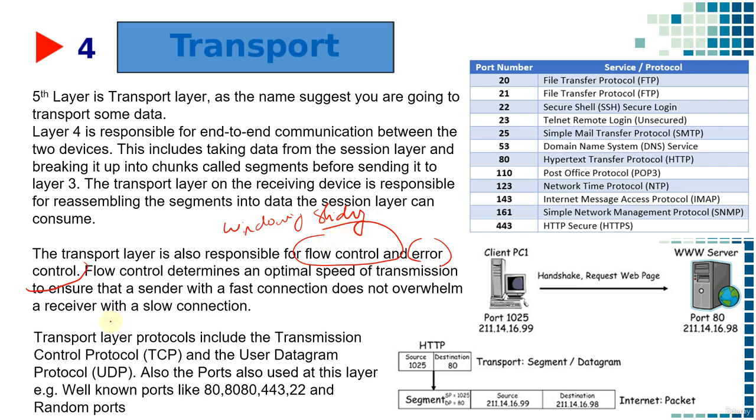Flow control determines an optimal speed of transmission to ensure that a sender with a fast connection does not overwhelm a receiver with a slow connection. So let's say the client PC is fast enough.